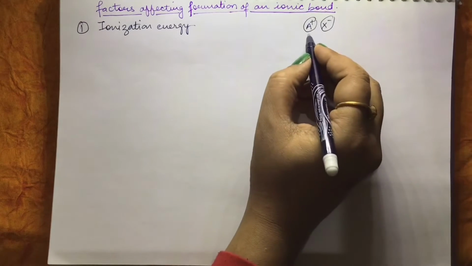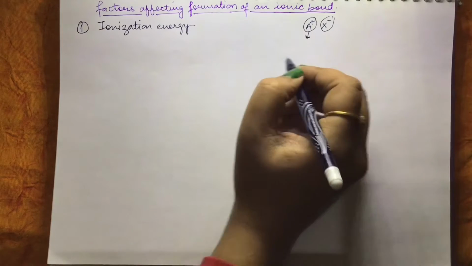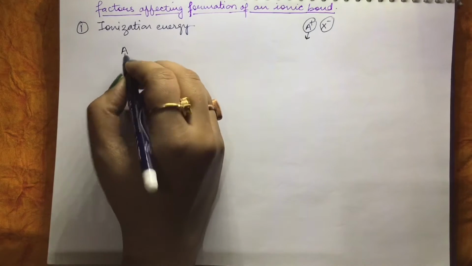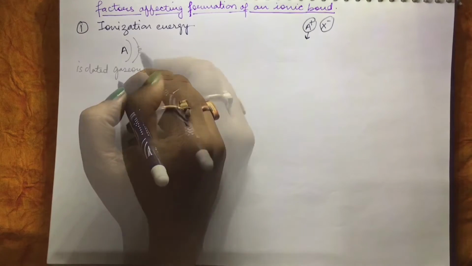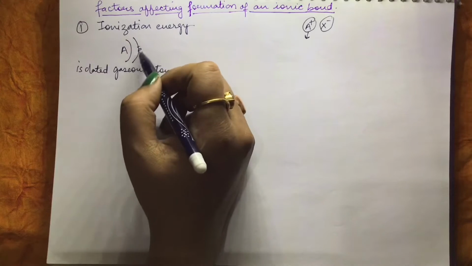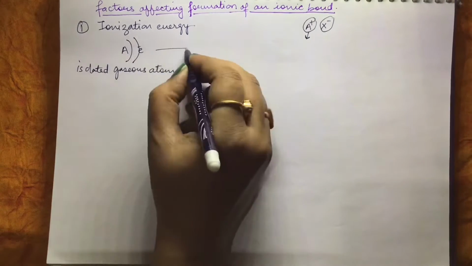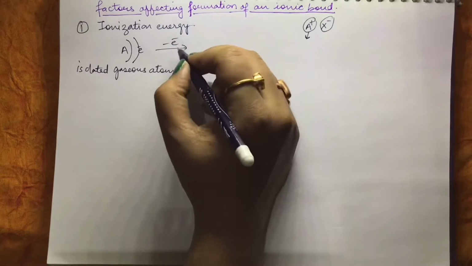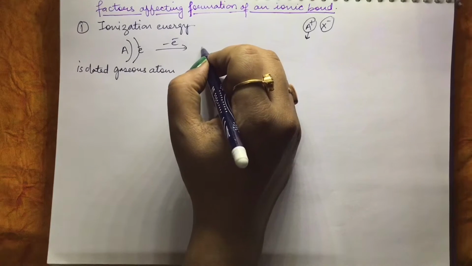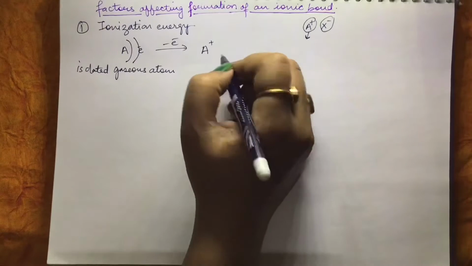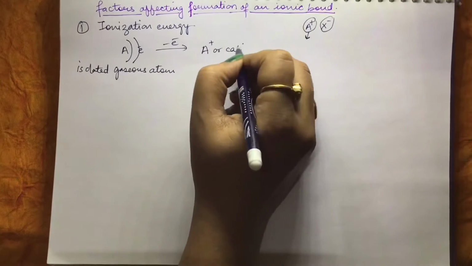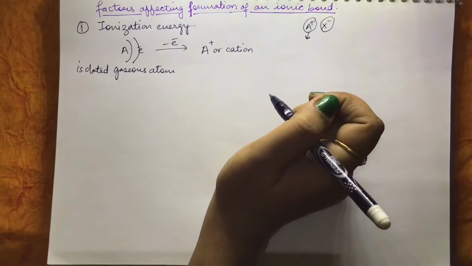Now formation of cation, how does it occur? Suppose you have an atom A. Whenever you are removing the electron from the outermost orbit of an isolated gaseous atom, this loss of electron results in the formation of a positive ion, which we call a cation.